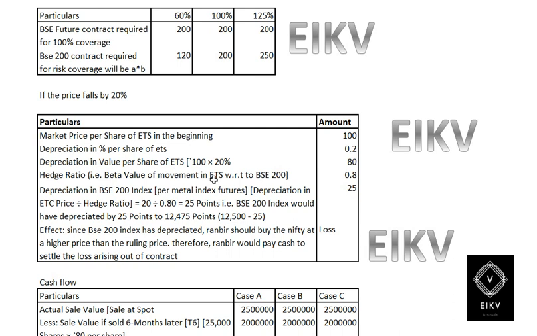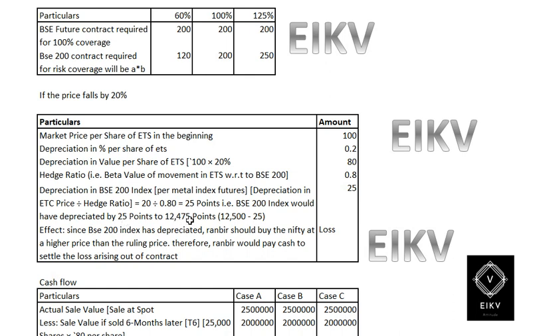Now here the hedge ratio would be 0.8, which means 20 divided by 0.8, which gives you 25. So if the price has depreciated by 20 percent, then the market index would be depreciated by 25 percent.